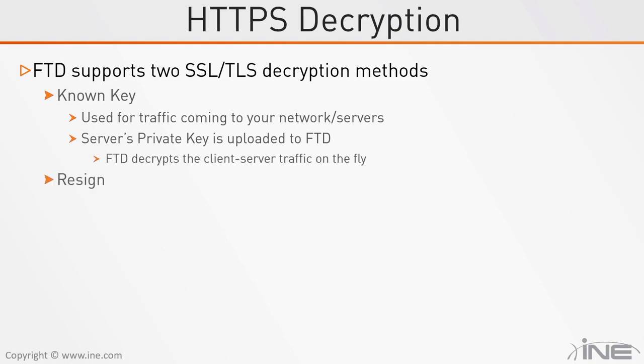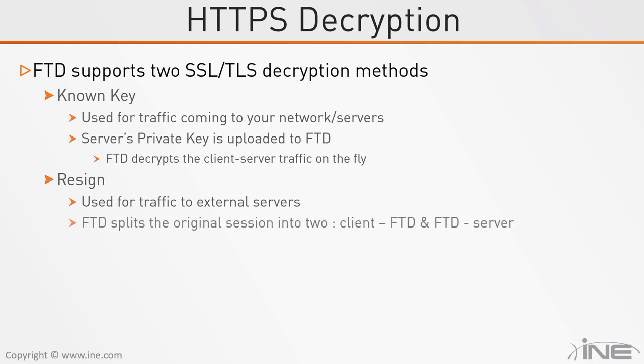Okay, the second option for decryption is to use the resign method, which is generally meant for traffic sent to external servers, so those that we don't manage, in which case the FTD unit is supposed to be placed inline between the client and a server, so it must sit in the data plane, where the goal is going to be to replace the server certificate with the certificate of FTD and present this modified certificate to the client.